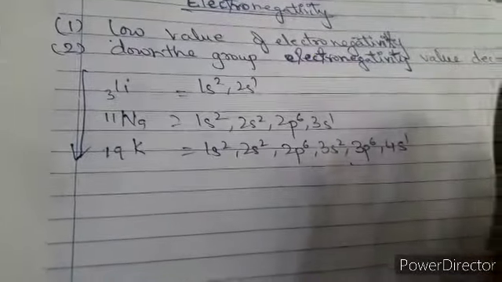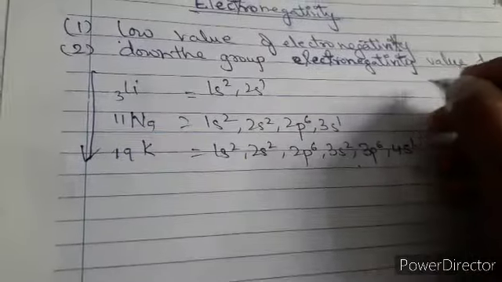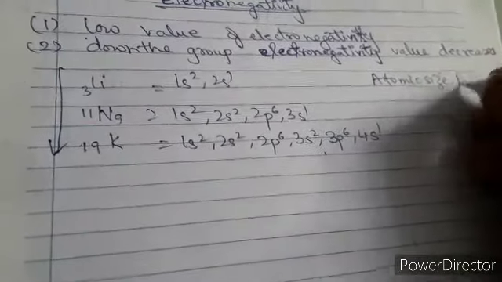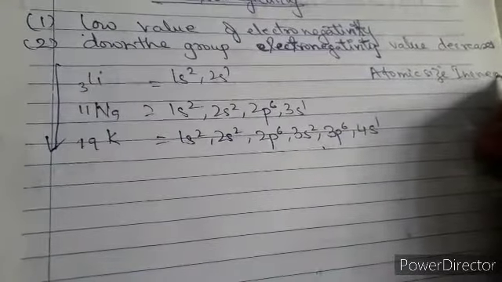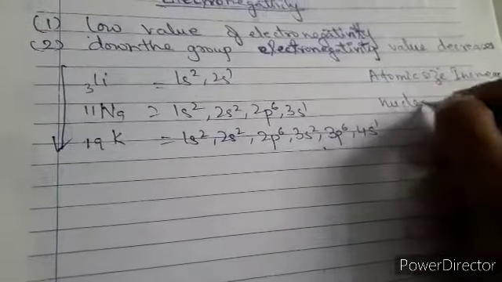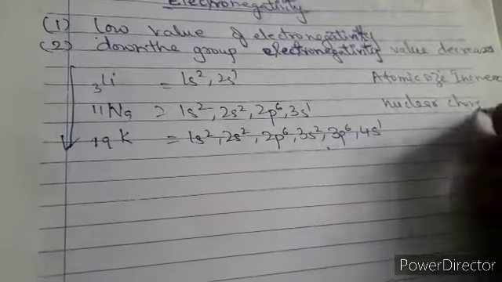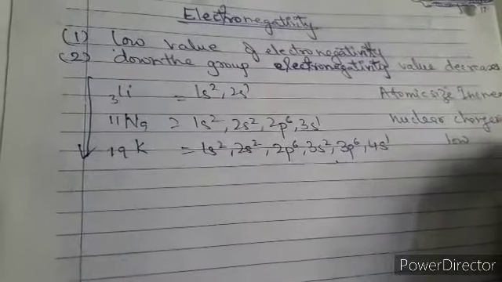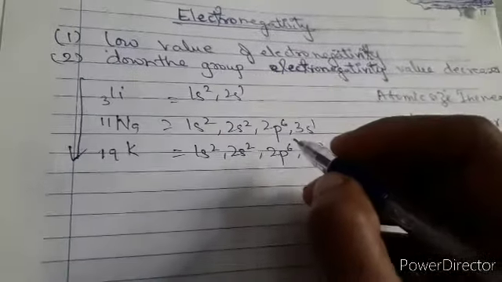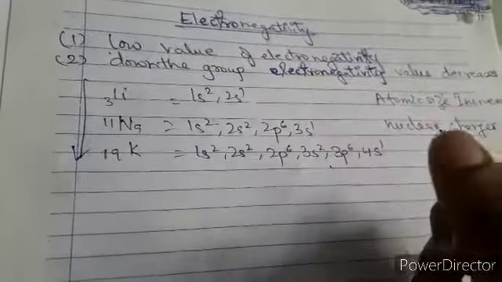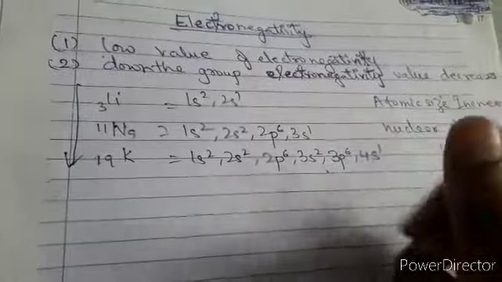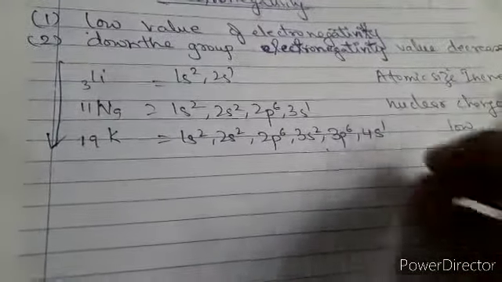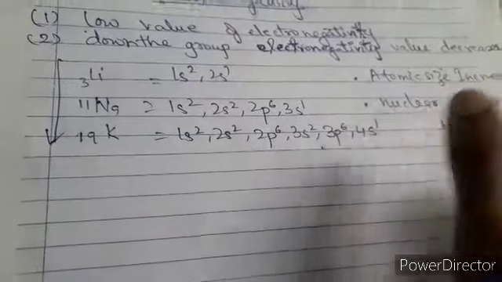Initially they have high nuclear charge, but because the atomic size is increasing in a group, the effective nuclear charge is lowered. So these alkali metals are unable to attract the electrons towards them. Who is attracting? The nucleus is attracting, and the nuclear charge has been lowered.